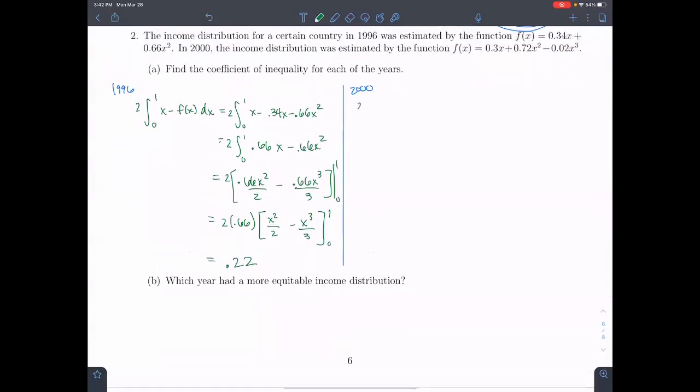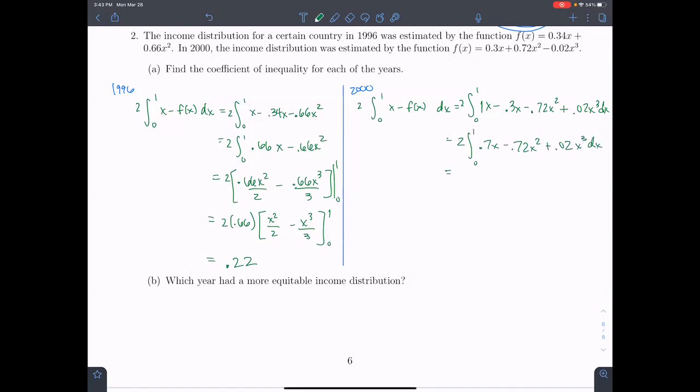And then in 2000, we're going to do 2 times the integral from 0 to 1 of x minus f of x dx, finding the coefficient of inequality. So for our function here, I'm going to distribute that negative again: 0.3x minus 0.72x squared plus 0.02x cubed dx. 1 minus 0.3 would be 0.7x, minus 0.72x squared plus 0.02x cubed.